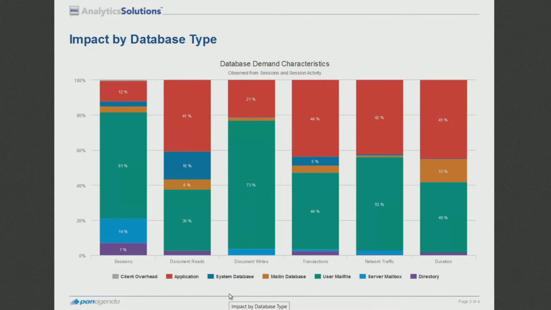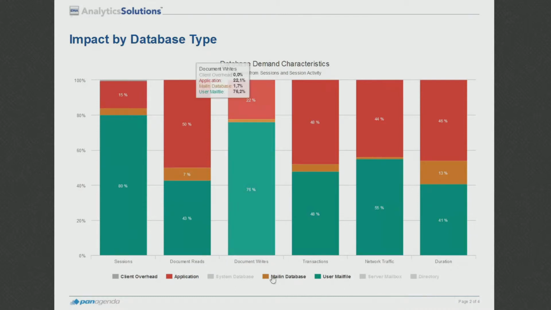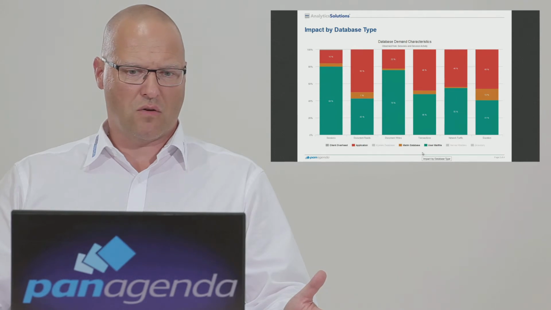And what is a very interesting game in that play is if we fade out the system databases, the server mailboxes, and the directories, the remaining stuff is just applications and mail files. If we take mail-in databases to applications, we see that this environment, for example, is a heavily used application environment. So we have a lot of application access.